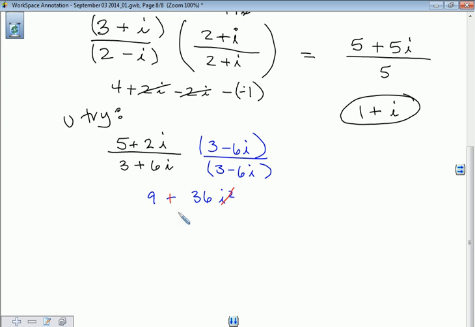If they don't divide nicely, do you just want to leave it in fraction form? Mm-hmm.